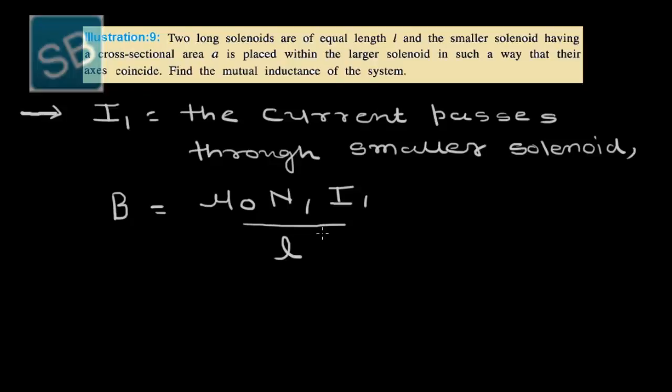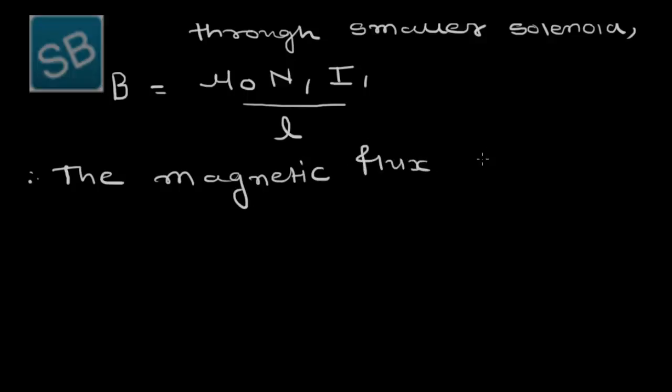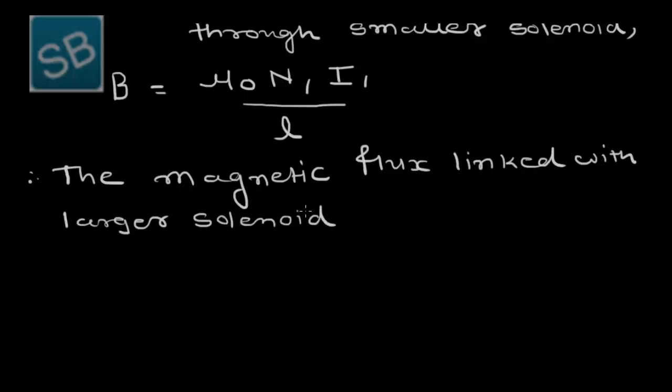So the flux which is linked with this particular solenoid, or we can say the larger solenoid, is given by, so this larger solenoid will also contain the smaller solenoid because their axes coincide.